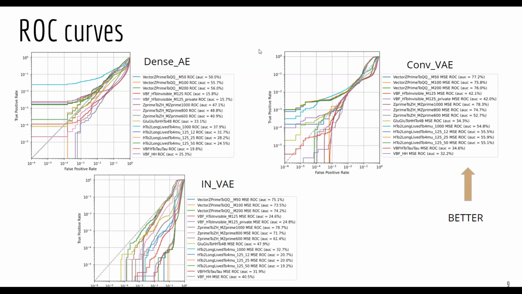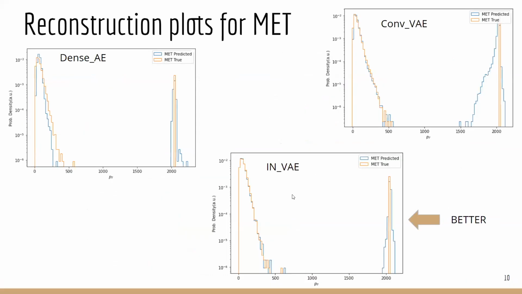Let's see, I see someone has their hand raised. Hi, I guess that's me. This is Josep. I was wondering on slide 10, these MET plots, do you have any hypothesis why the prediction is somehow a mirrored version, whereas the true is kind of a delta function, for example, this conv VAE, or maybe in general, what's going on there?